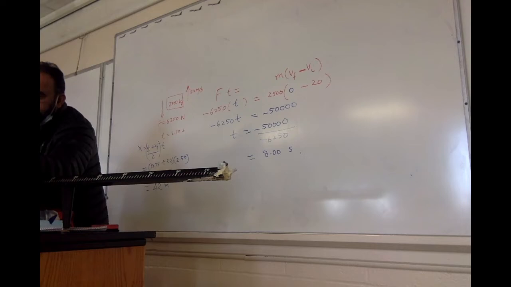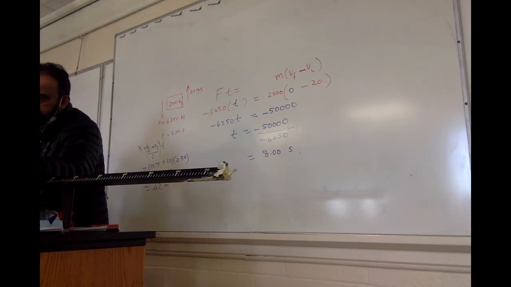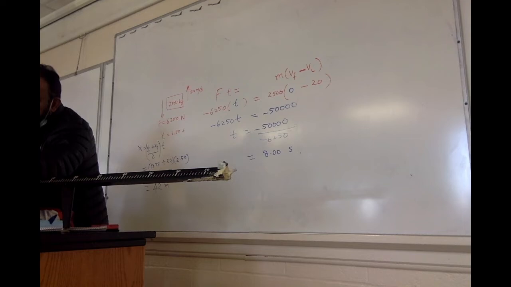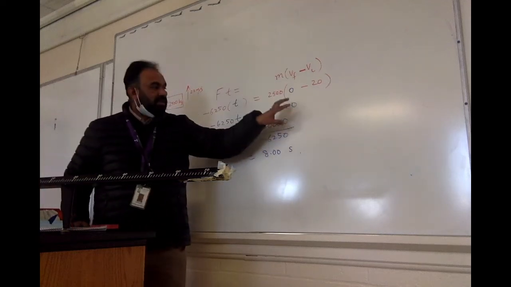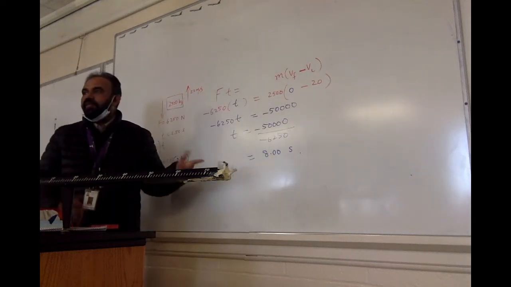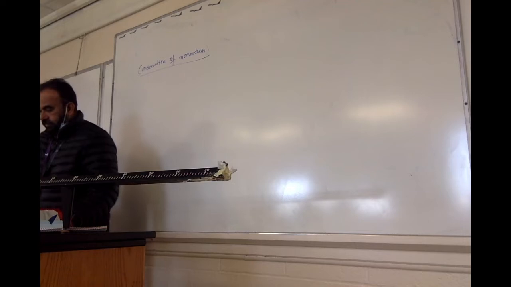And then I put negative 50,000 on this side. I did the FT, not tucked in the other one. But can you do that where you use it twice? No, you just did the same thing. You actually found out this first, and then after that you put it.